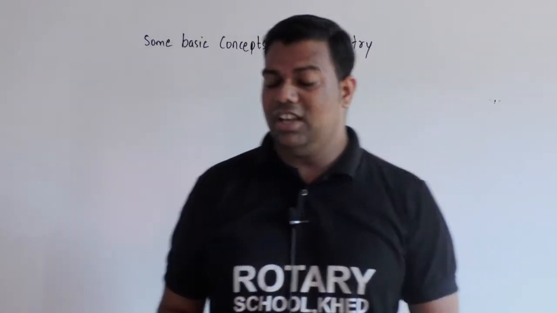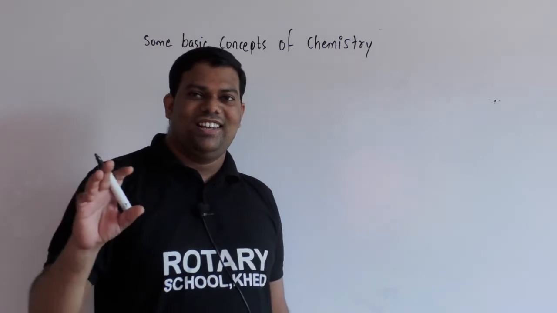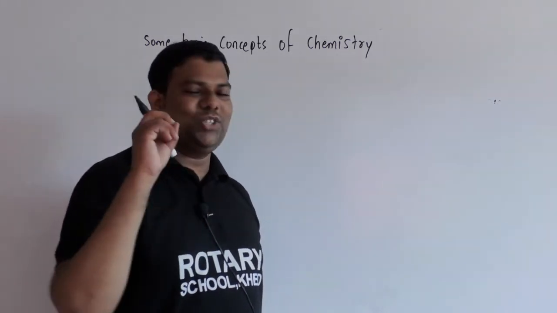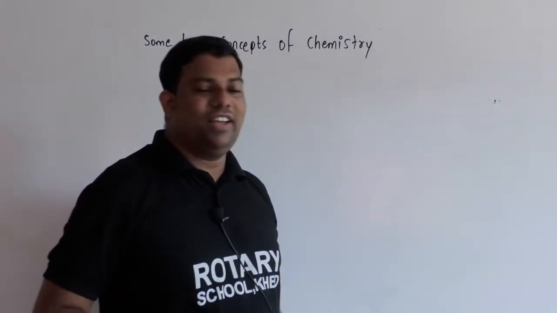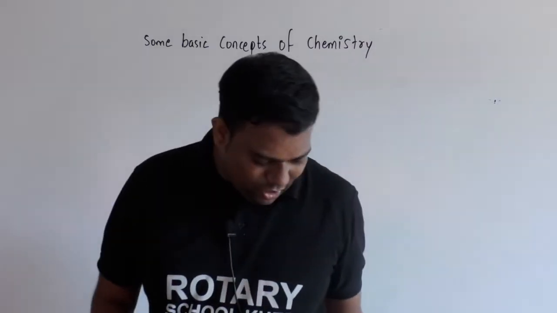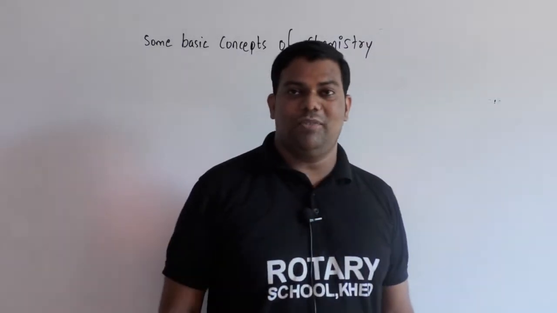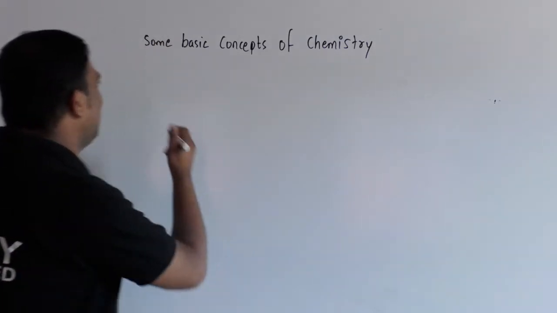Okay, so see here, now you got mole means what? 1 mole is equal to what? Yes, 6.022 into 10 raised to 23 species. Now we will discuss the mole concept in detail, don't worry. So before that you must know atomic mass.